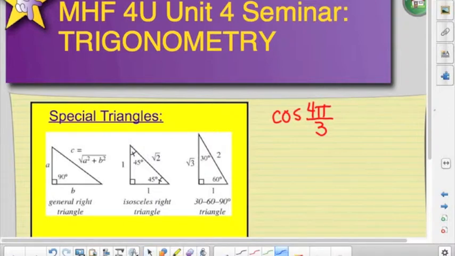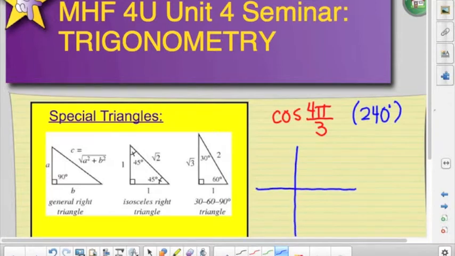On your calculators, punch 4 times 180 divided by 3, and you should get a measure of 240 degrees. If we're drawing that out, we know that we're going to be able to draw related angles in different quadrants. Now, what is 240 degrees equivalent to?